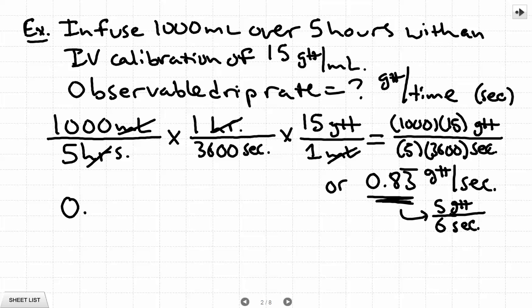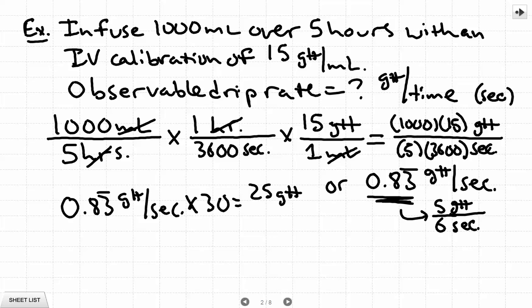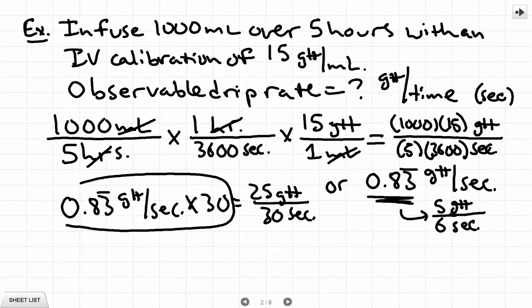So 0.83 drops per second. If you multiply that by 30, comes out to give you 25 drops in 30 seconds. So the 0.83 times 30 gives you 25. So this part gives you the 25, but that's 25 drops over a period of 30 seconds.